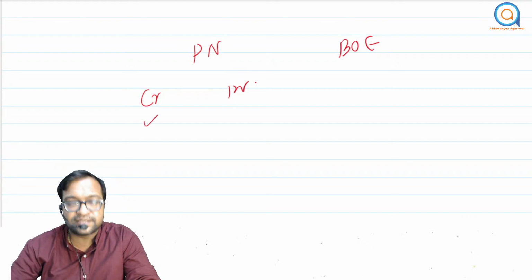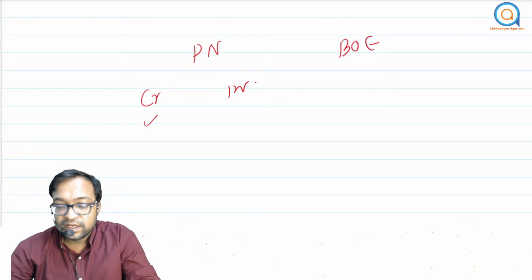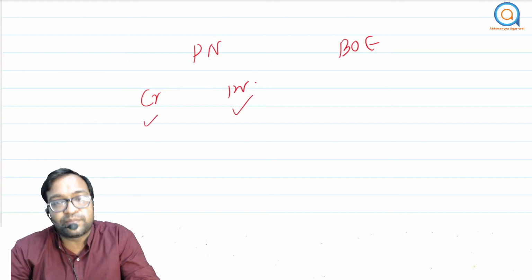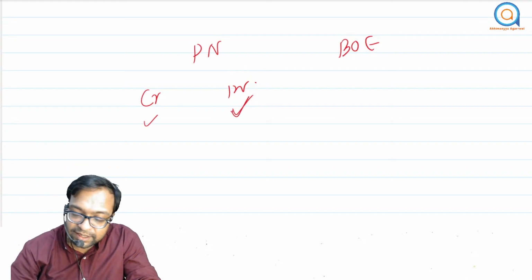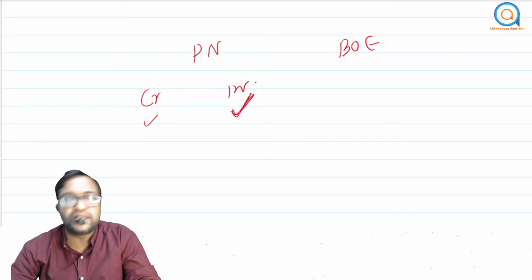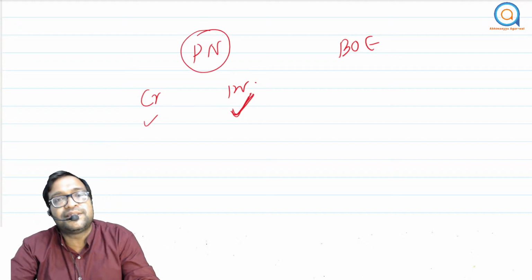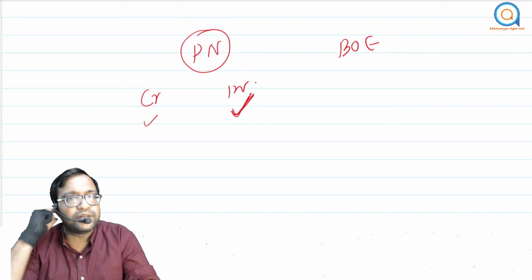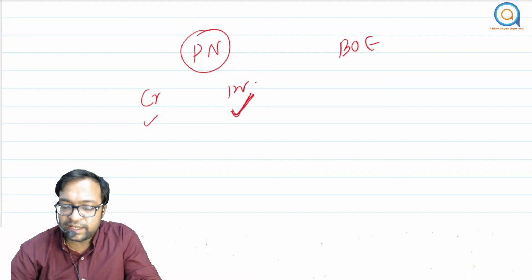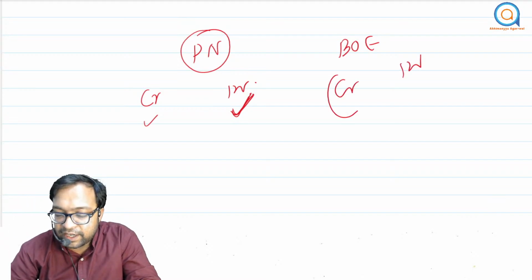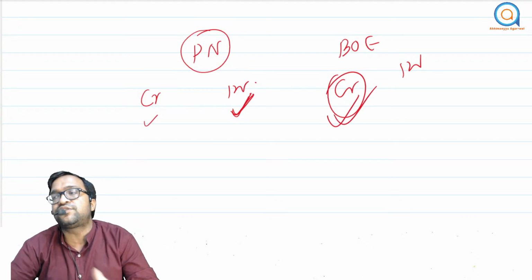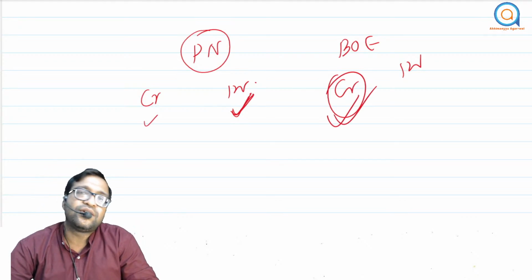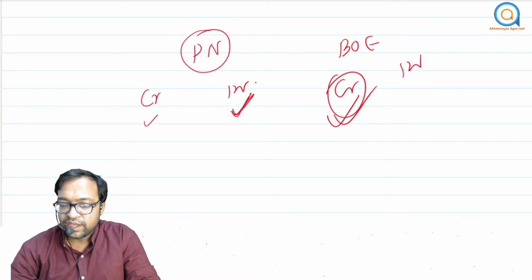Creditor means one who is supposed to receive the payment. Debtor is the one who will make the payment. When the debtor makes this negotiable instrument, we call it promissory note. But when the creditor prepares this negotiable instrument, we call it bills of exchange.